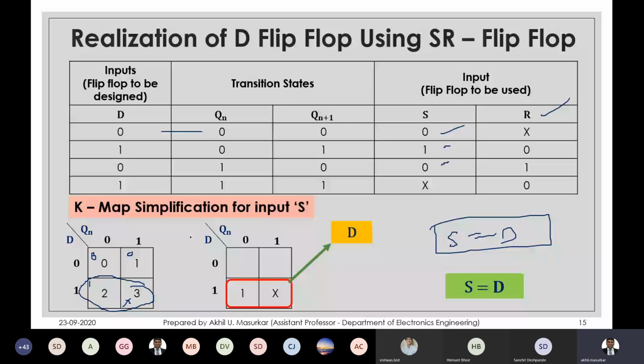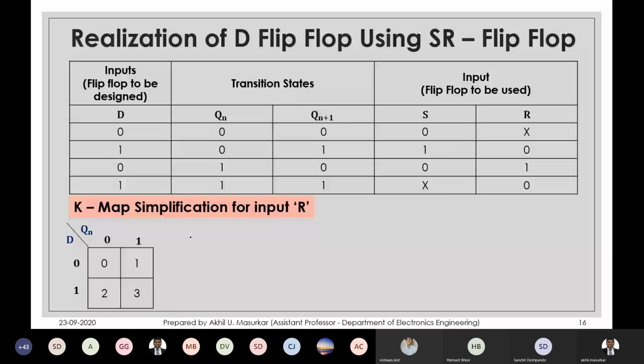So let's look at it for R. 0 0 is don't care. 1 0 is 0. 0 1 is 1. 1 1 is 0. Yeah, so you get this way, and that is going to be D bar. So R is equal to D bar. So correct.